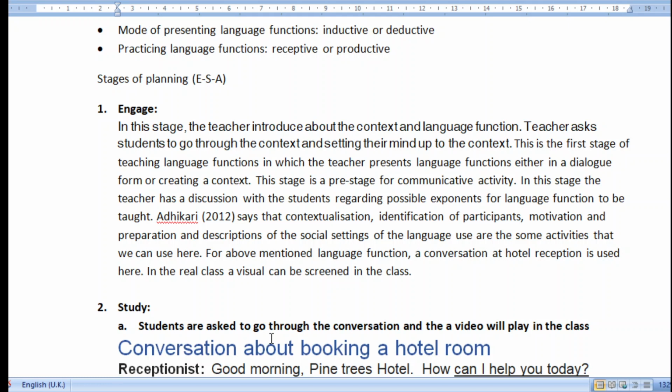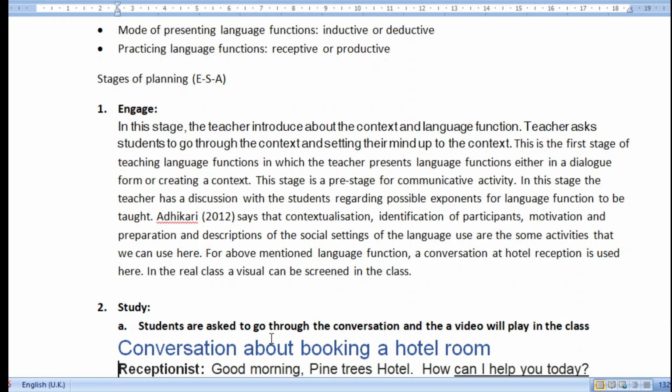In this stage, the teacher has a discussion with the students regarding possible exponents for the language function to be taught. Adhikari 2012. You can include these experts' views, but it is not always necessary. At least while defining certain key terms, you have to use the experts' views or definitions.